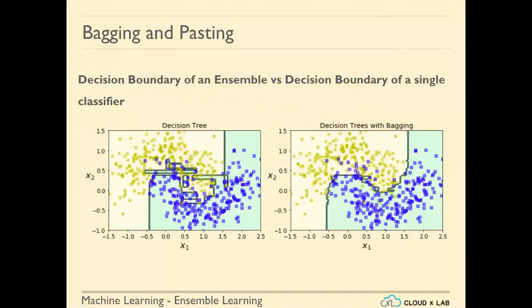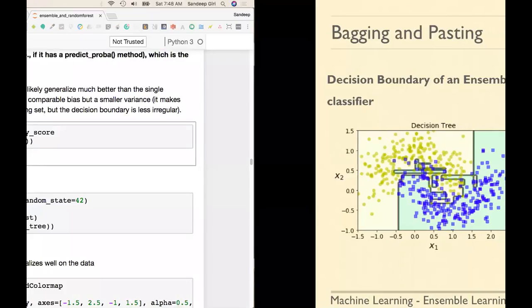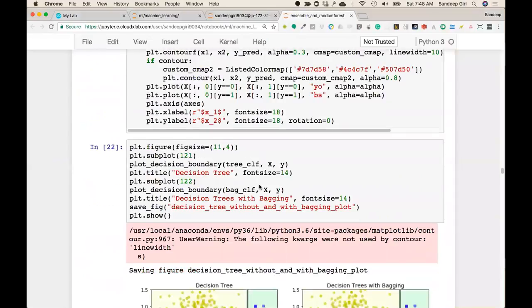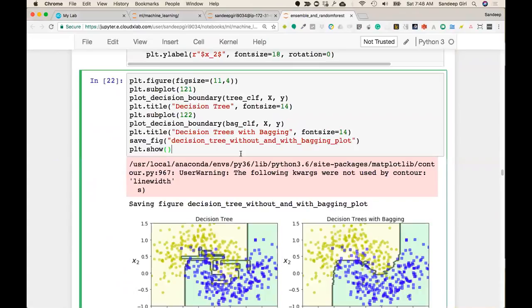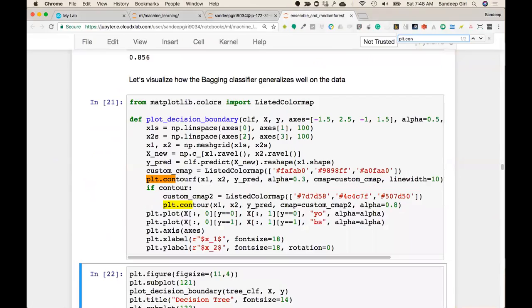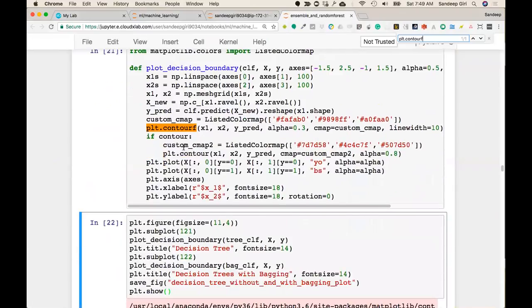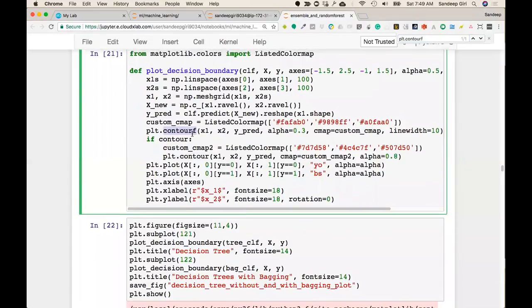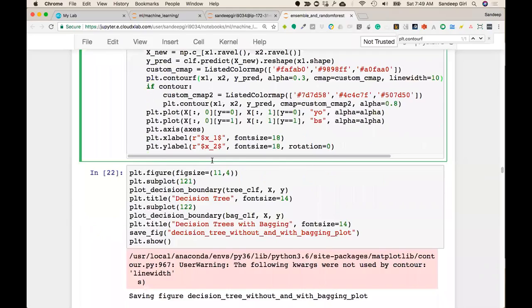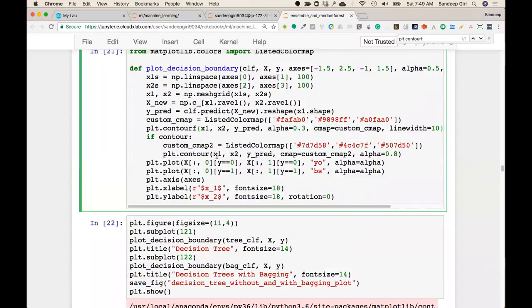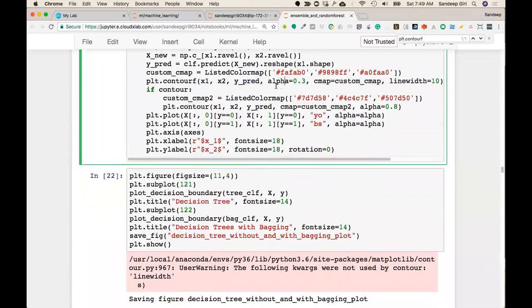All right. A question from Bintao is, what is contour F in plot.contour F? Okay, let's take a look. Is this the one that we are talking about? So we are passing it x1, passing it x2, and then we are giving it y prediction, and then we are giving it the alpha.